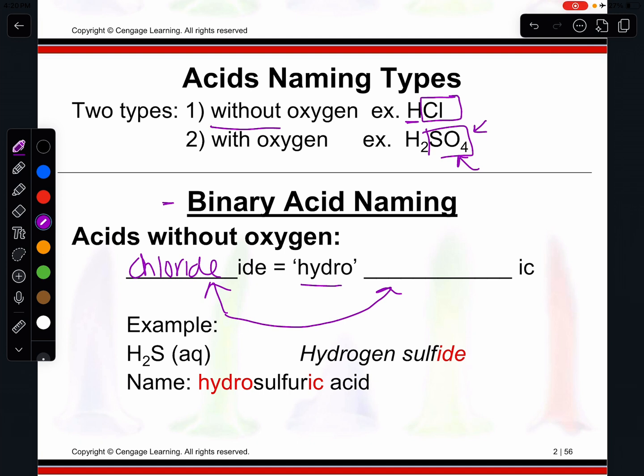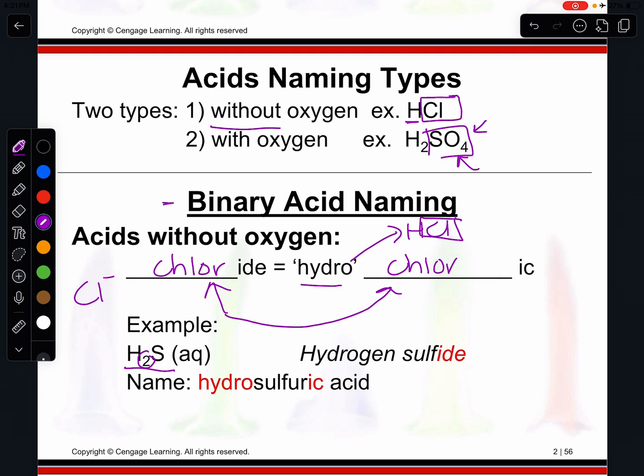So if it is the chloride ion, let's just say CHLOR, Cl minus 1, such as it is in HCl, this H is accounted for by the word hydro, and this becomes hydrochloric acid. So you look at what this component is, you name that, and then that becomes the name. Let me give you another example, H2S.